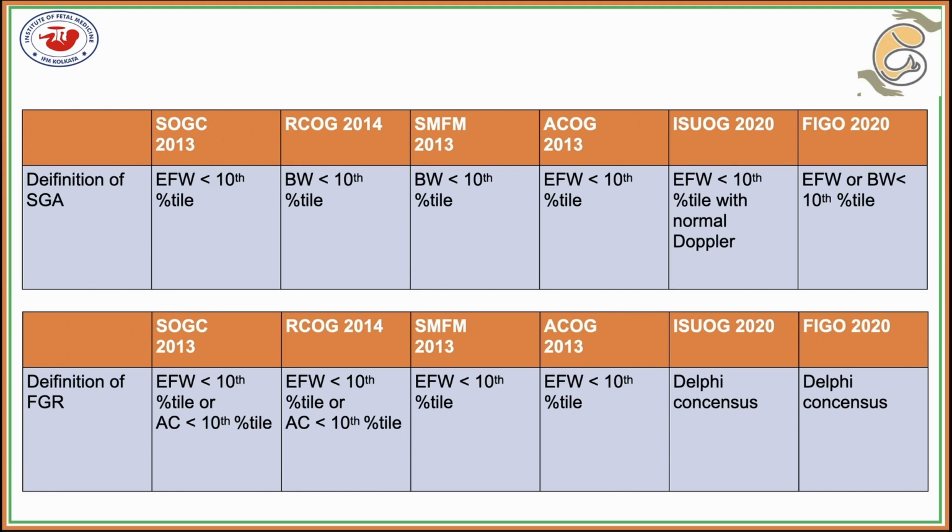So Dopplers are only included in the ISUOG and FIGO definition for fetal growth restriction. See, the idea is not to memorize this. The idea is just to have a bird's eye view of how different societies all over the world define FGR. They have different parameters.